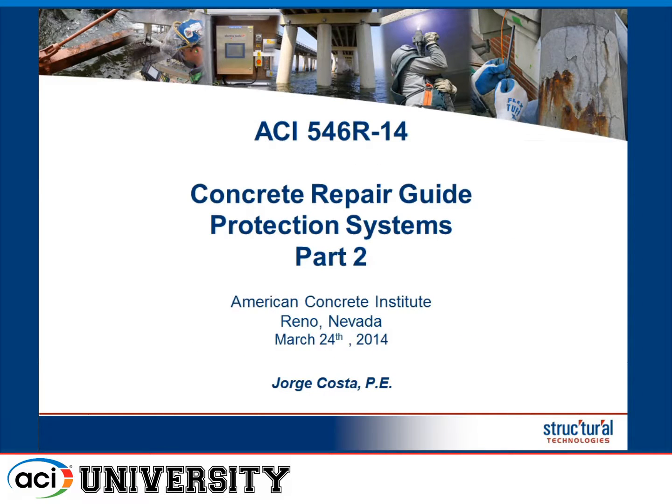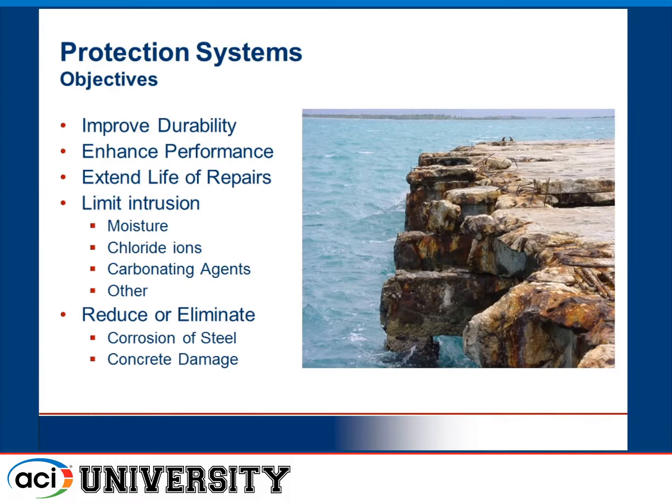I'm going to take a step back and talk a little bit about the first part of the chapter in the guide that addresses the objectives of protective systems for reinforced concrete structures.